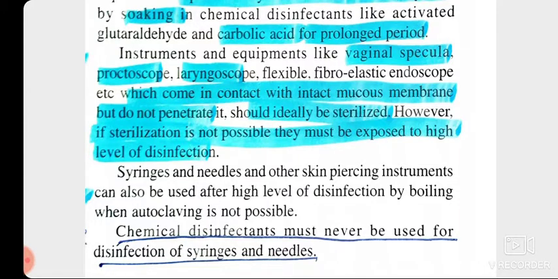However, if sterilization is not possible, they can be exposed to high level disinfection. Syringes and needles, if autoclaving is not possible, can also be exposed to high level disinfection. But chemical disinfectants must never be used for disinfecting syringes and needles.